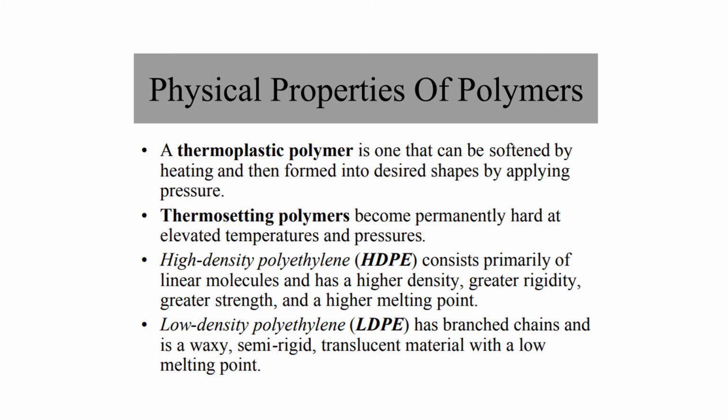High density polyethylene has a high density and is therefore much more rigid and strong, and also low density polyethylene, that's much less dense and is much more waxy in appearance.